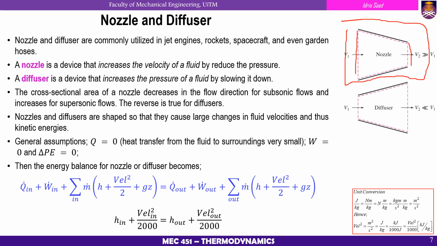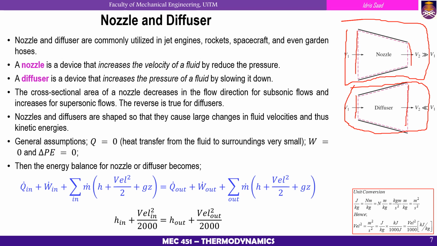As you can see, the schematic diagram of the diffuser is on the bottom side of the figure, which is opposite to the nozzle. The cross-section area at the inlet of the diffuser is way smaller than the cross-section area at the outlet.